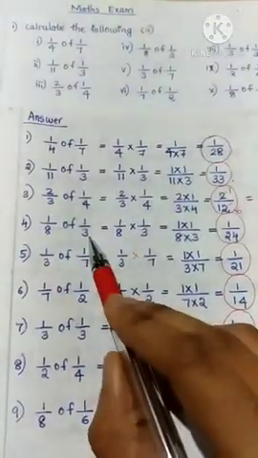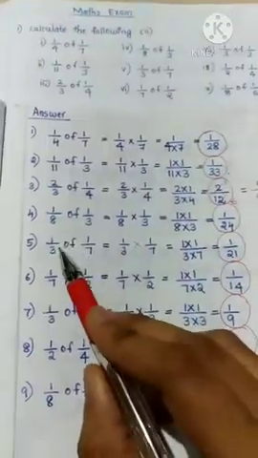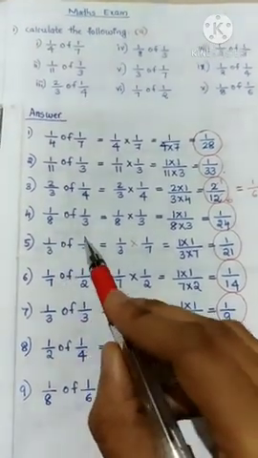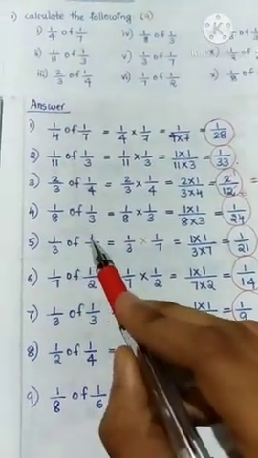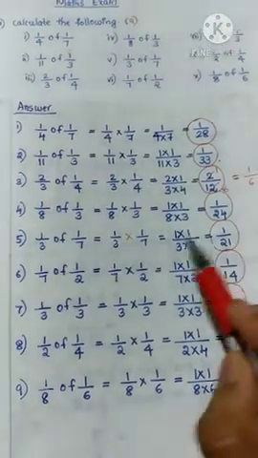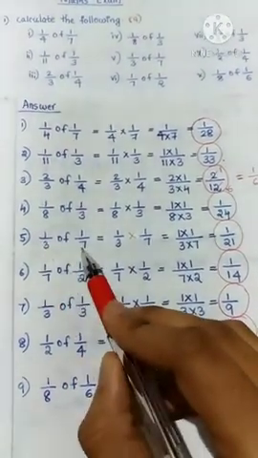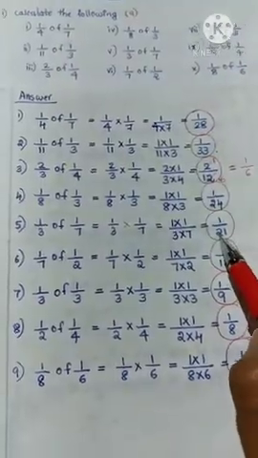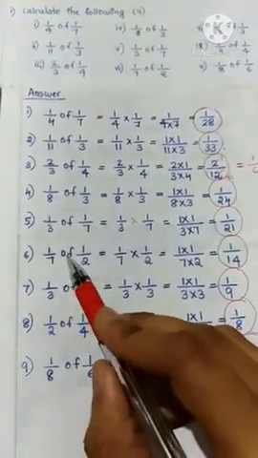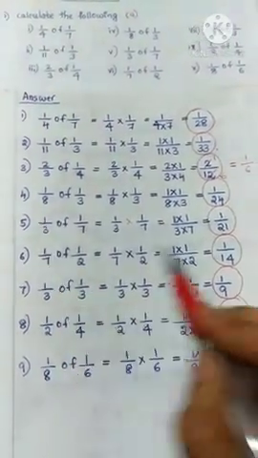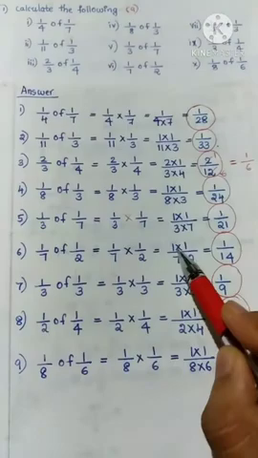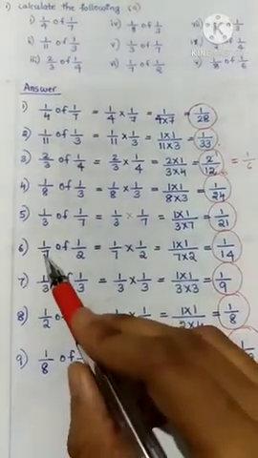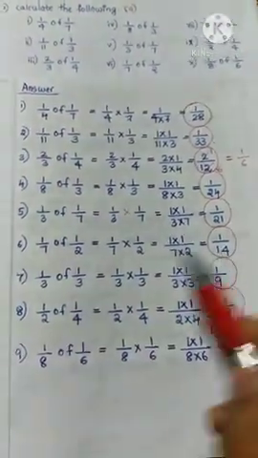Then 8 threes are 24. In the same way, 1 by 3 of 1 by 7. 1 into 1, that is 1, divided by 3 sevens are 21. Then 1 by 7 of 1 by 2. Multiply 1 into 1 is 1. Then 7 twos are 14.